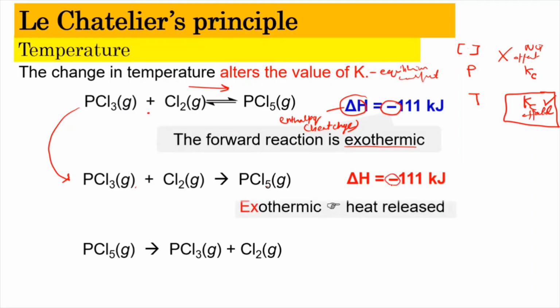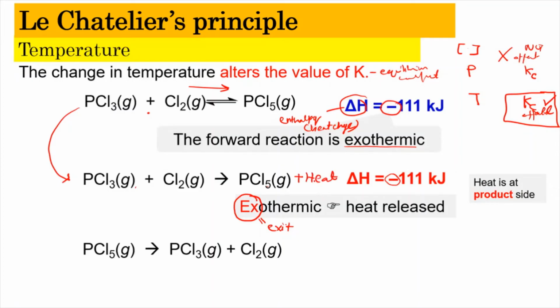And this negative value refers to an exothermic reaction, in which the heat is being released. The easier way to look at this is to look at the EX here. EX refers to exit, which is keluar, and it will release heat. And since it's going to release heat, the heat is going to be on the product side.